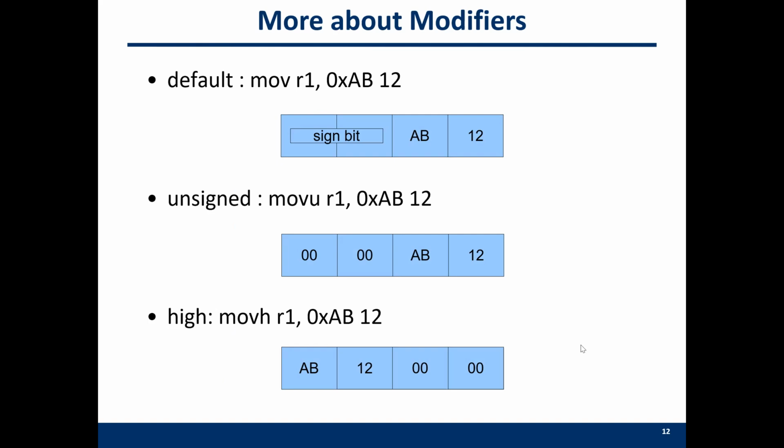So the move instruction treats this number as a signed number, which means that if the most significant bit is 1, then we keep it as 1. If it's a 0, then we keep it as a 0. Keep it as 1 means all 1s.